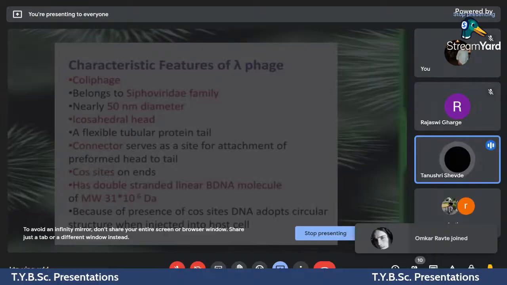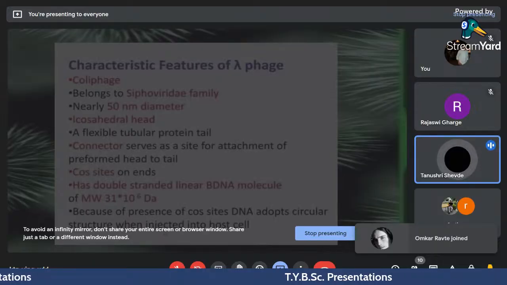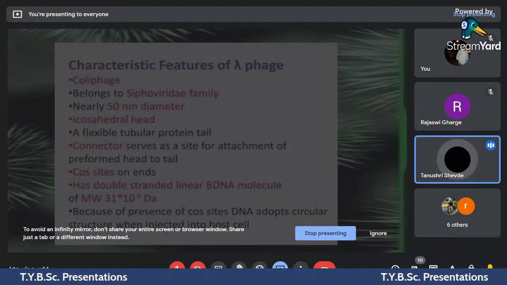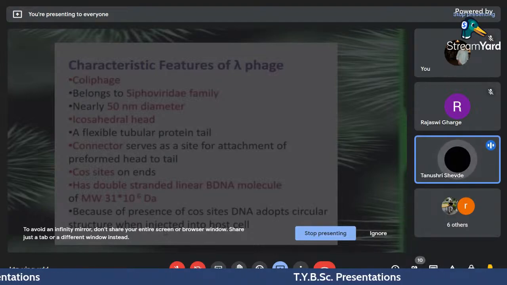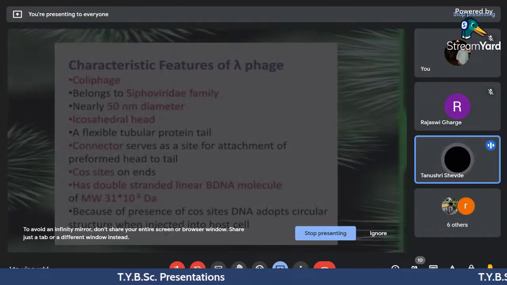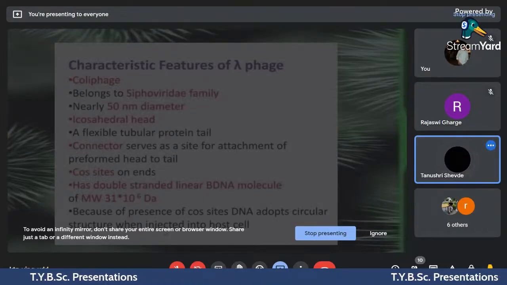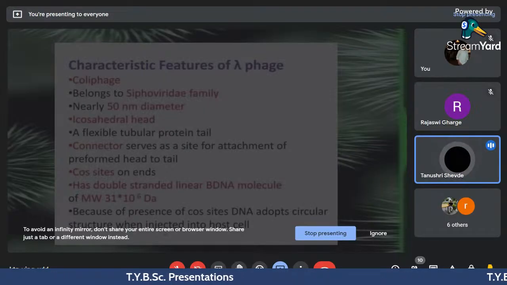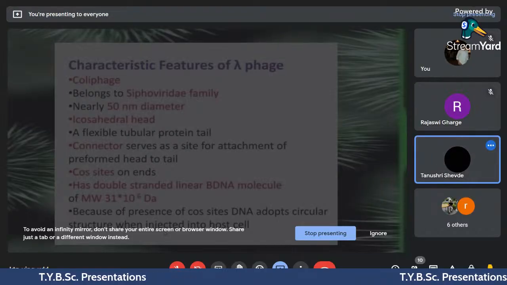Its connectors serve as the site of attachment. Cos sites on the ends of the double stranded linear DNA molecule. Because of the presence of cos sites, the DNA adopts a circular structure when injected into the host cell.